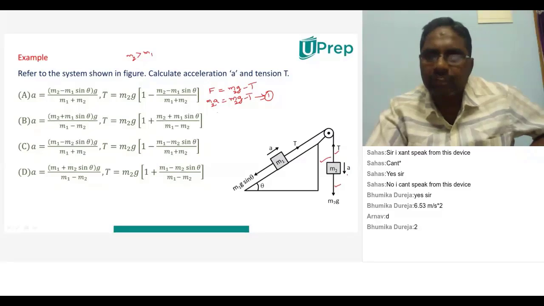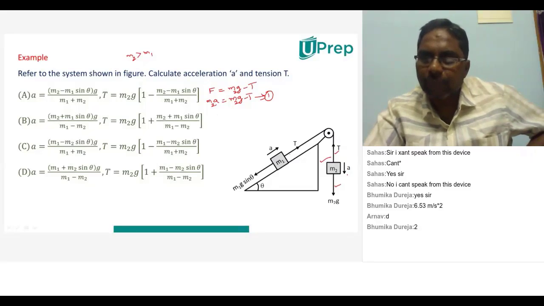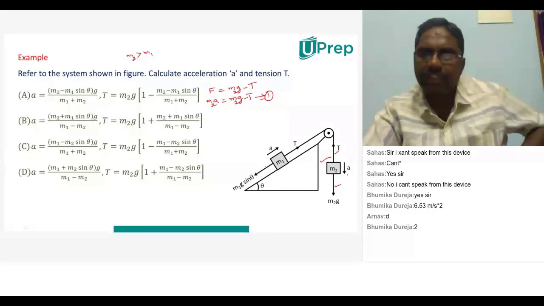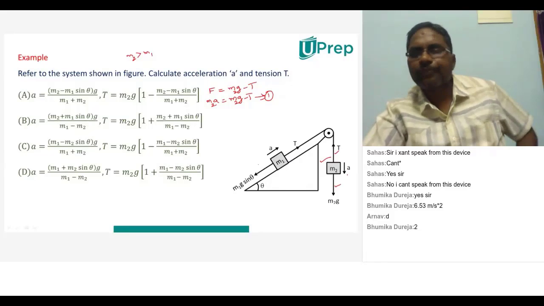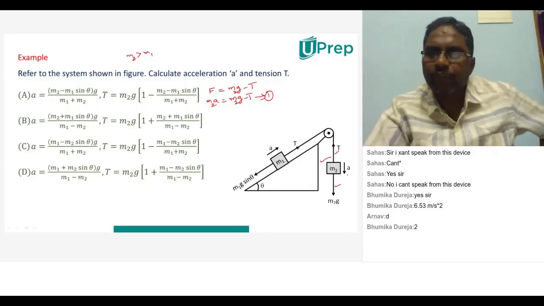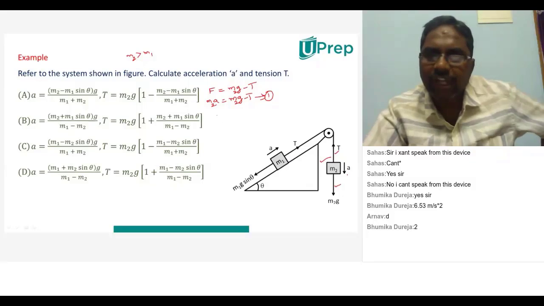Now the second equation is for M1. For M1, how many forces are acting? Again T and M1G sin theta. Both are acting here, and because of that it is moving up. That means if I write the resultant force for mass M1, we can write: T minus M1G sin theta, from the diagram.